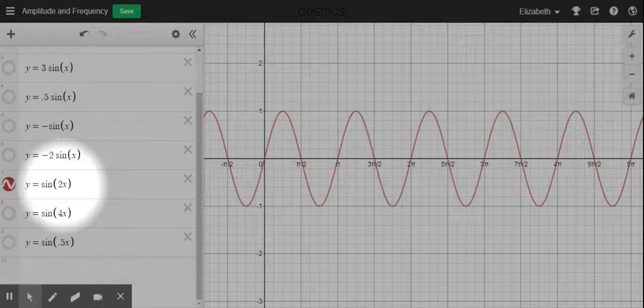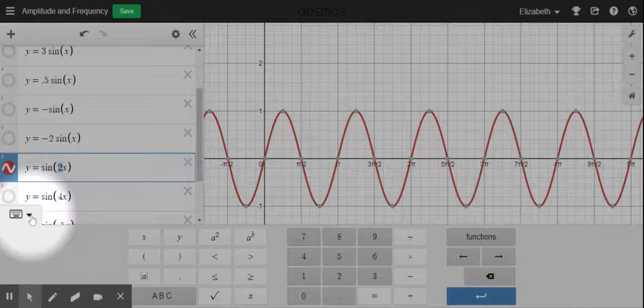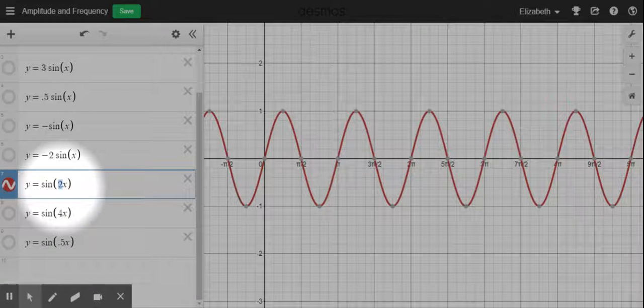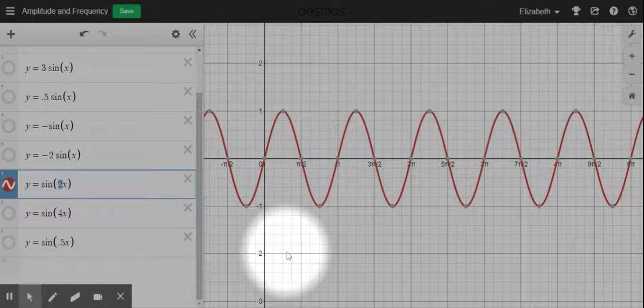This number right here inside the parentheses is going to tell you how many complete sine curves you have between 0 and 2 pi, always 0 and 2 pi. So that is going to tell you how many sine curves you get between 0 and 2 pi.